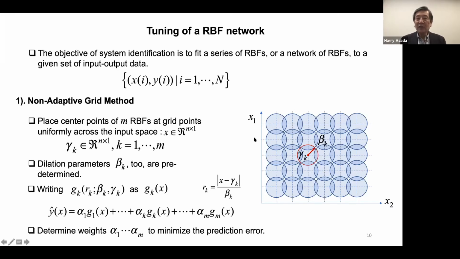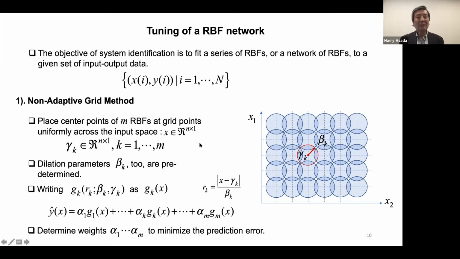So you can split the x1 axis into, say, 100, and the x2 axis 100. So our grids are maybe 10,000, and you use the 10,000 radial basis functions to cover the space.